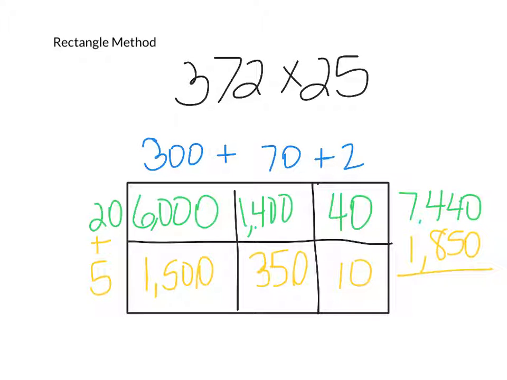So I have 9,290 for my rectangle method. So again, it's just one more way to organize your partial products in a rectangle, and it's still kind of honoring place value a little bit more than the lattice method.